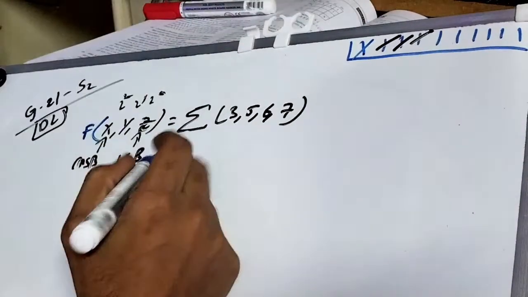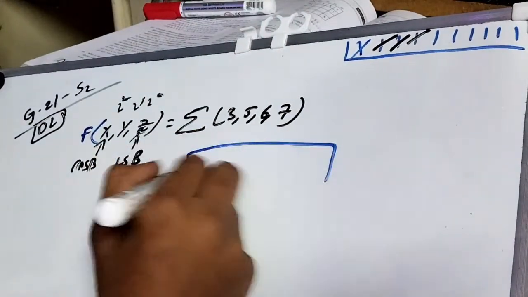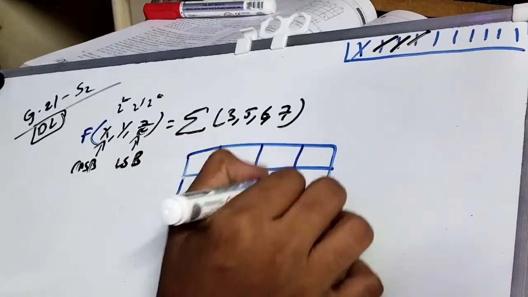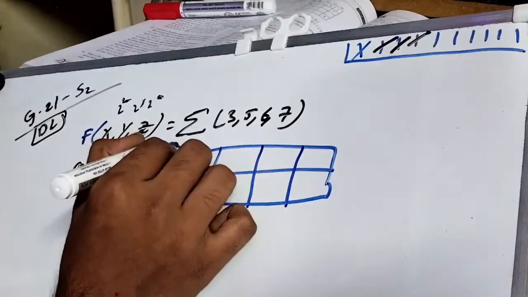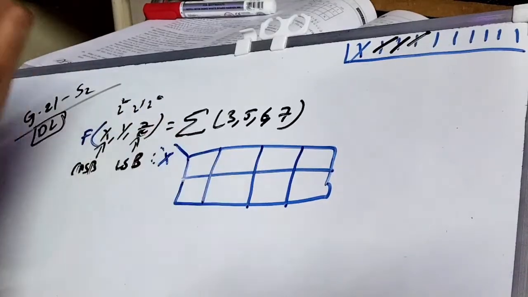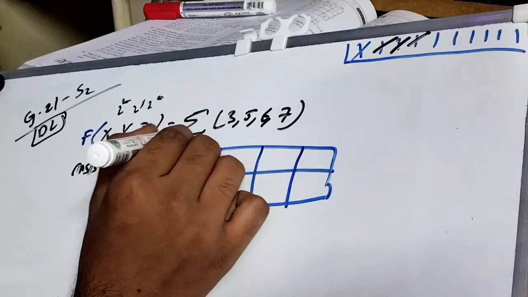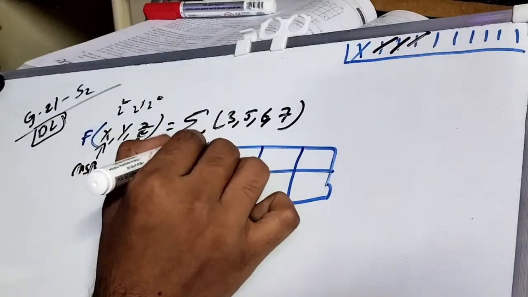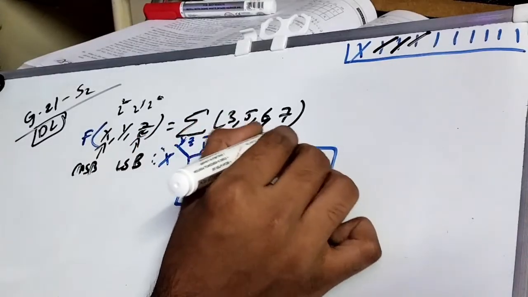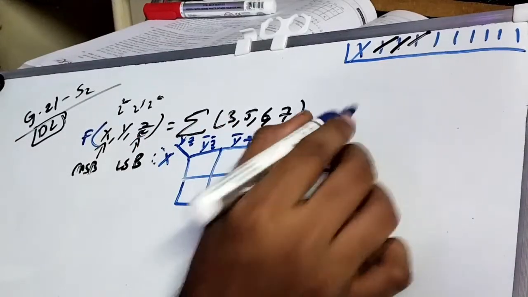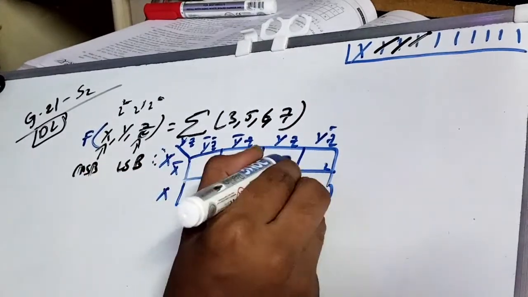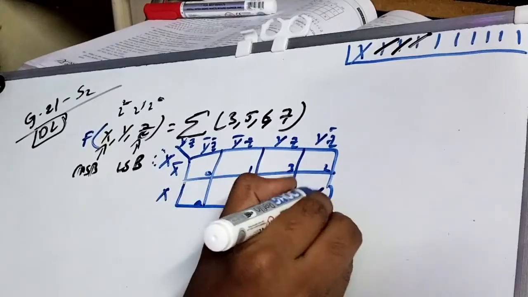MSB means x, and we write the remaining part, yz, as y bar z bar, y bar z, yz, and yz bar, with x bar and x rows, cells 0 to 7.